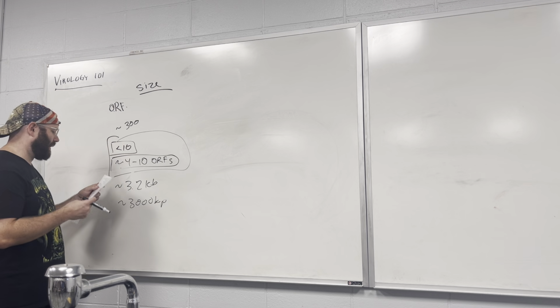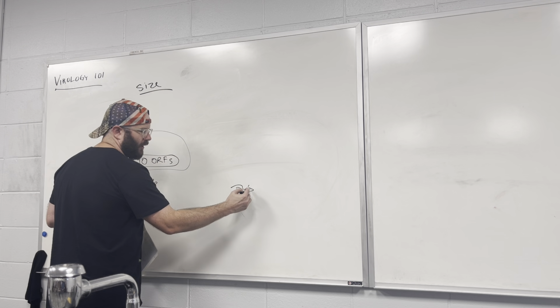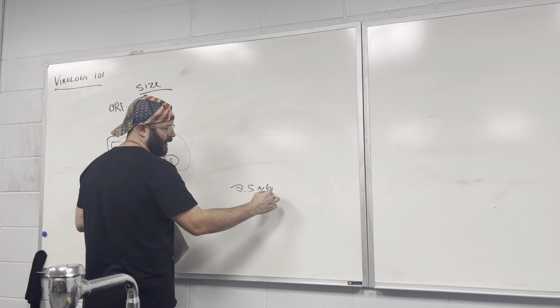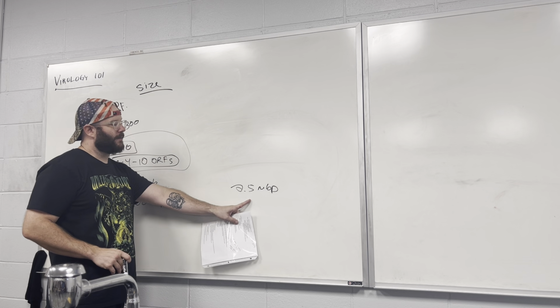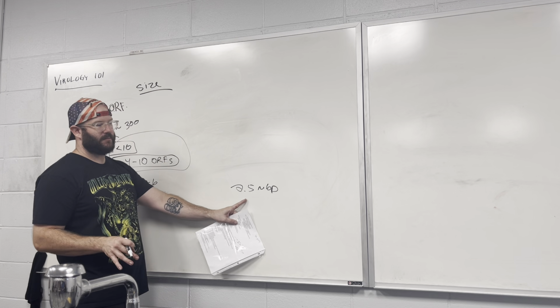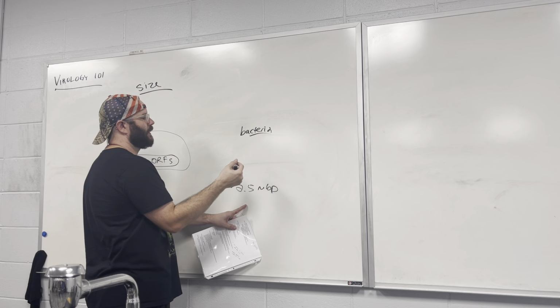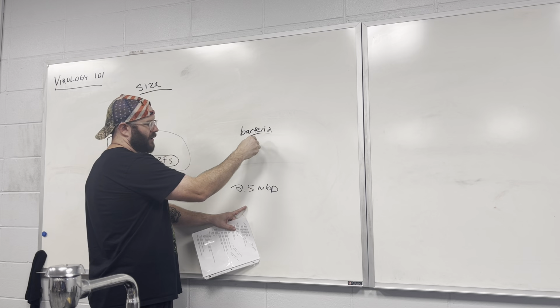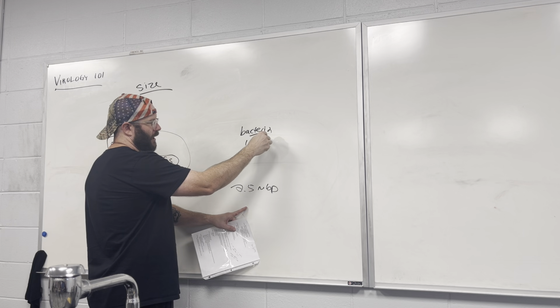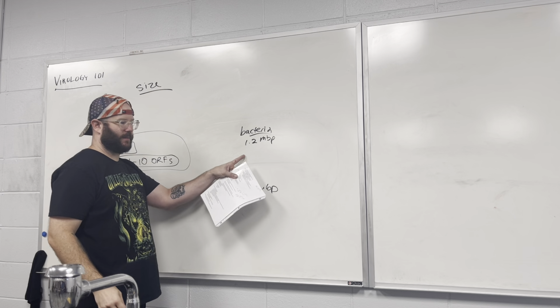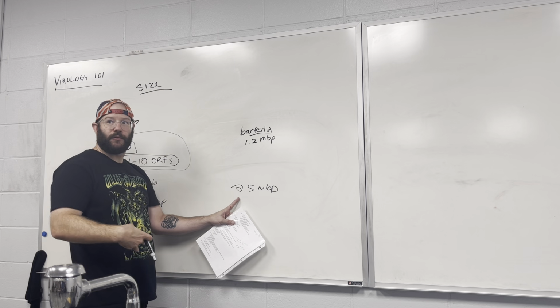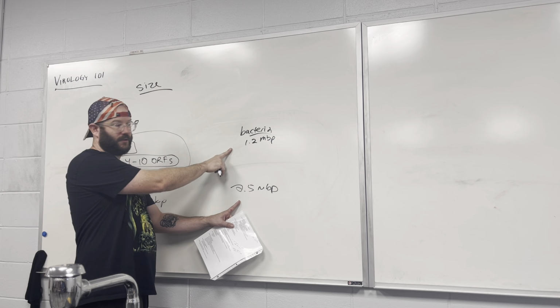A larger virus is on the order of 2.5 megabase pairs, which is 2.5 million. That's double the size of a symbiotic bacterium. Wolbachia, which is what I study, has a genome of about 1.2 million base pairs. There are viruses that are double the size of that bacterium in terms of genetic content.